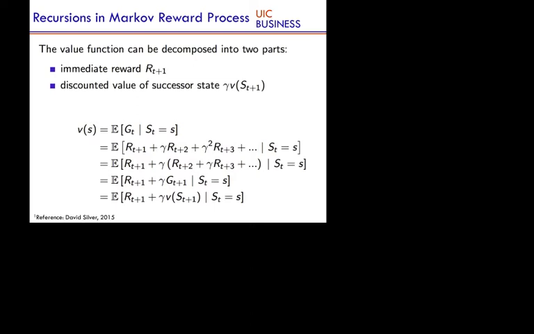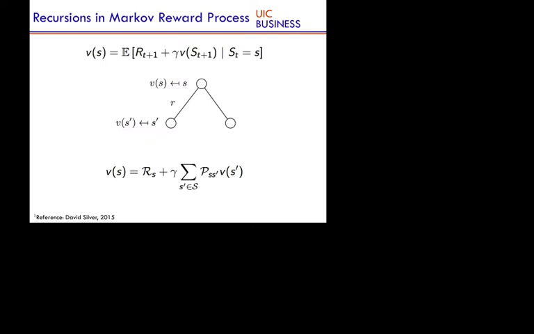So this slide is just trying to show that there is a recursive relation between the value of state S and the value of the next state S_{T+1}. S_{T+1} is potentially random because of the dynamics of the environment, but there's a relation between two different states' values. The same thing is represented diagrammatically here. A circle represents a state, and there's a number attached to the state.